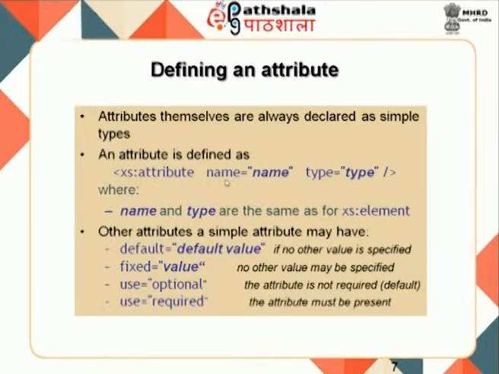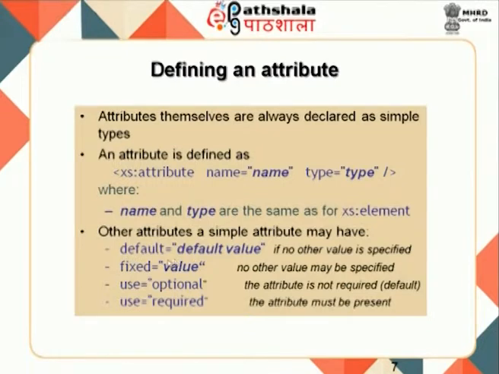We give the name of the attribute and specify the type of the attribute. As applied to elements, the basic types can be given in the type attribute. The other attributes a simple attribute may have are default, fixed, and use, which can be optional or required.